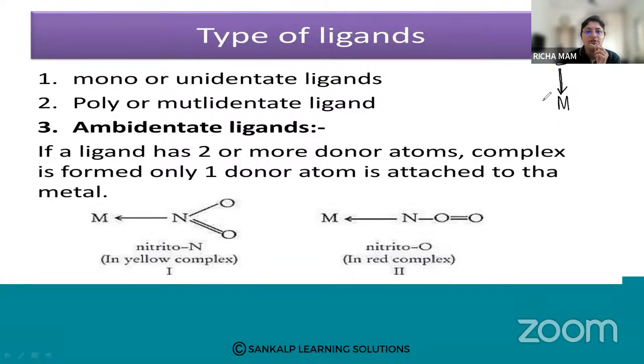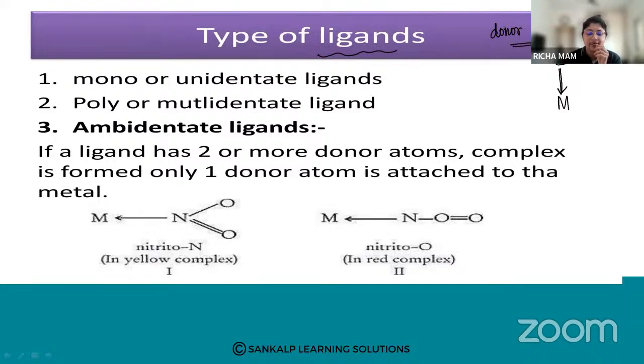Now, how do you classify the types of ligand? Depending upon the number of donor atoms present in the ligands, they are classified.